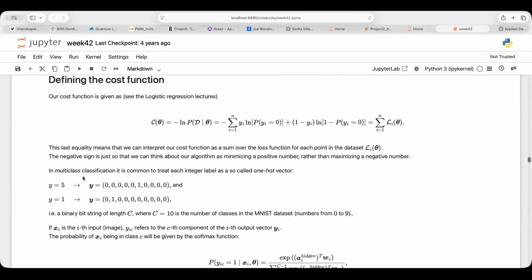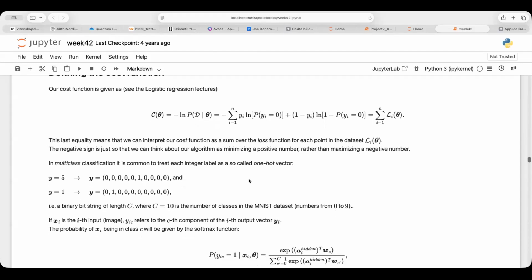And typically in this type of multi-class problem, it's common to treat each integer label, like here y equal 5, as what's normally called a one-hot vector. I prefer to call it a bit string. This is just a naming which you will find in the literature.